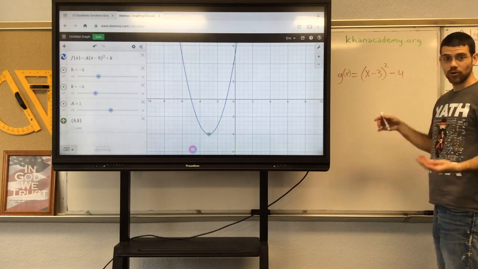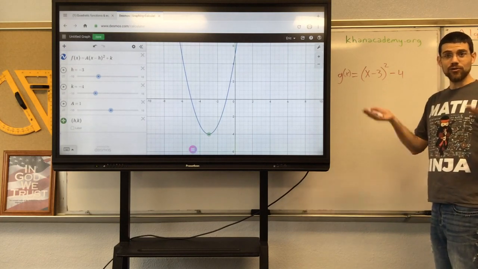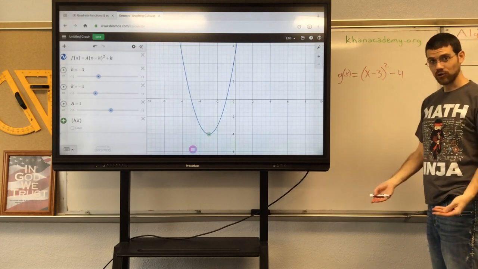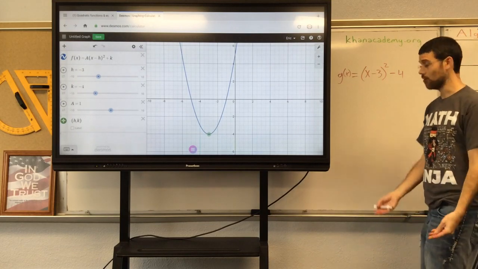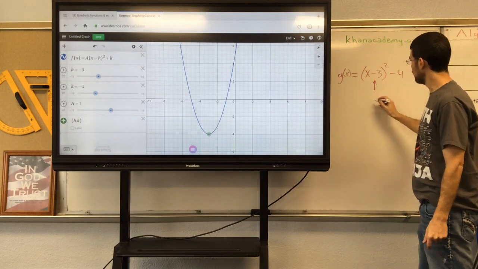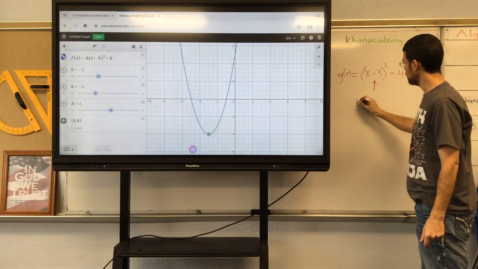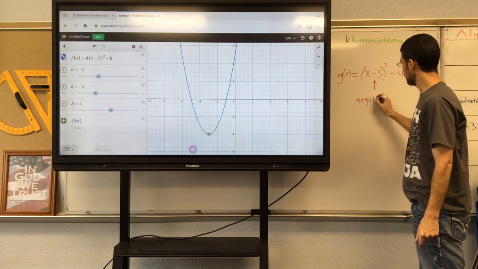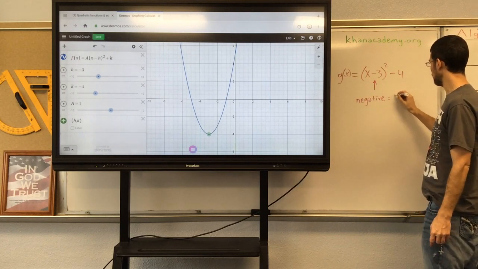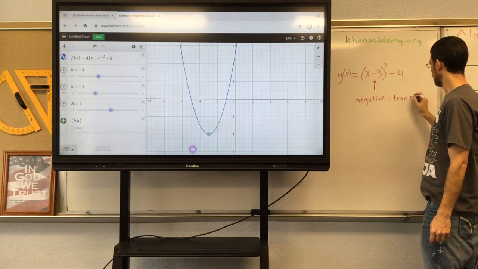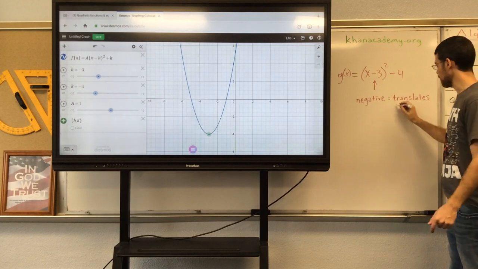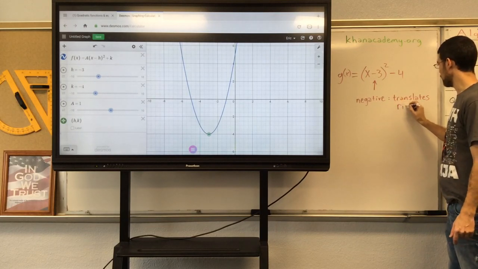This was very simple. If we add to the function value, we translate up. If we subtract from the function value, we translate down. But if this sign is negative, then the translation is to the right.